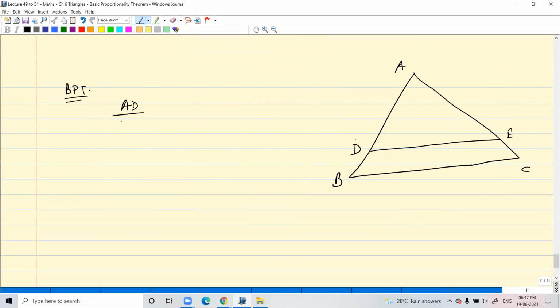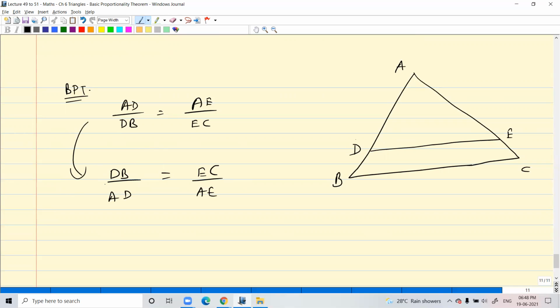Okay, sir, now we can also write it as DB by AD is equal to EC by AE, no, sir. DB by AD is equal to EC by AE. Absolutely, this is just a reciprocal of this. Yes, we can do it like that.